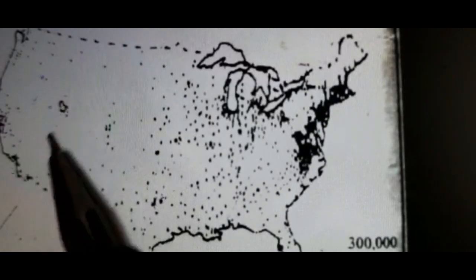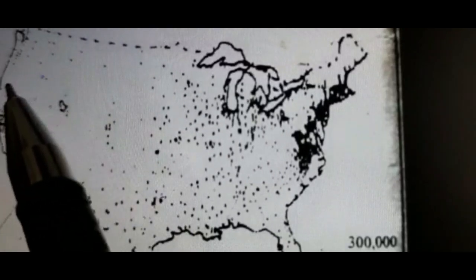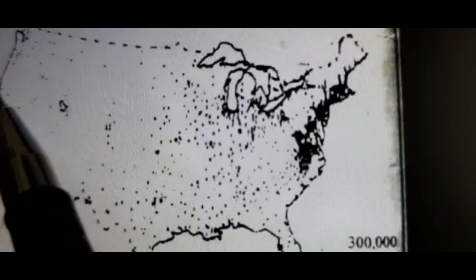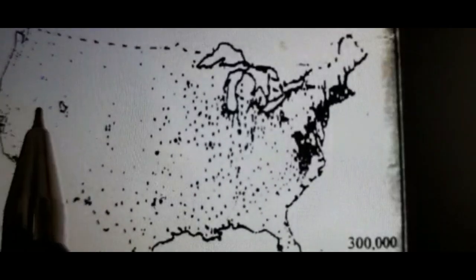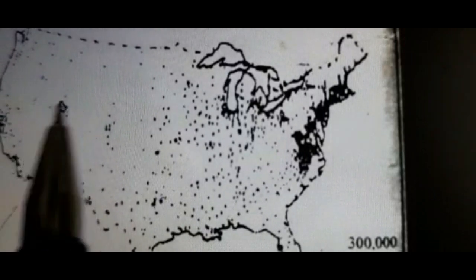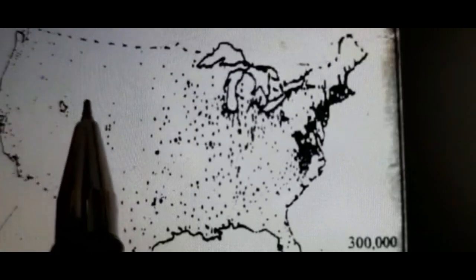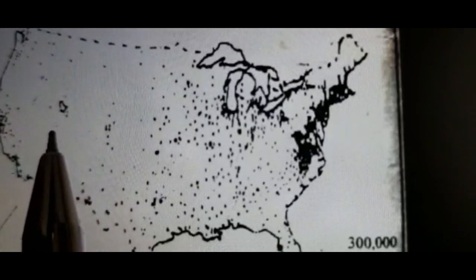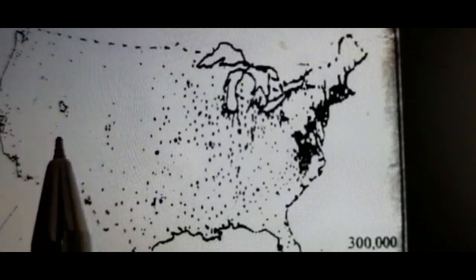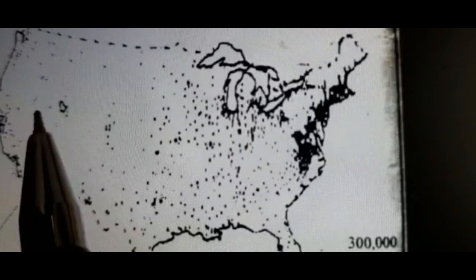It is a rain shadow area. All the rain falls in the western Pacific coast, and the central plain becomes a rain shadow area. It gets scanty rainfall.